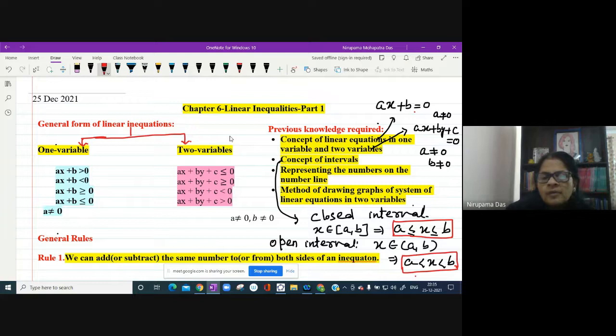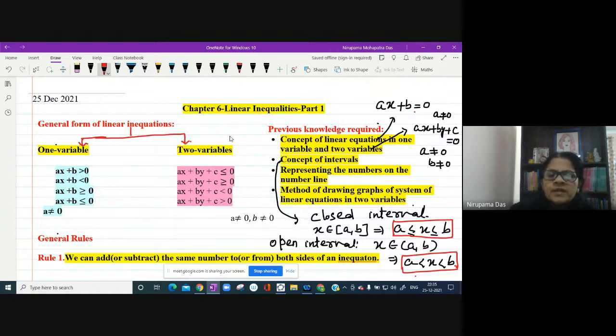But whenever we talk about linear inequation in two variables, just like the linear equation in two variables, we have ax plus by plus c equal to 0, where a and b both are not equal to 0. So the equality sign is replaced by an inequality sign.